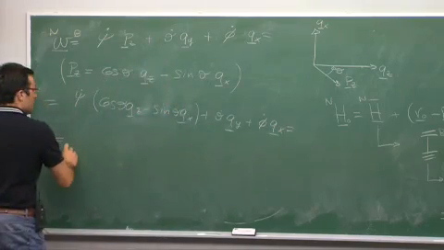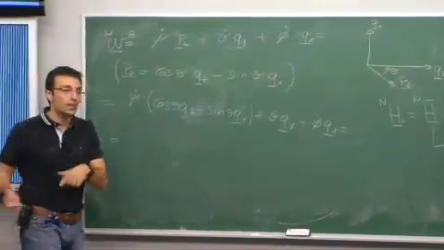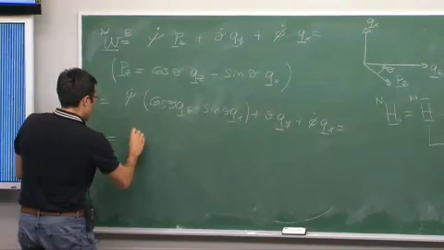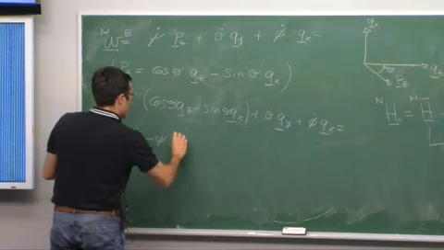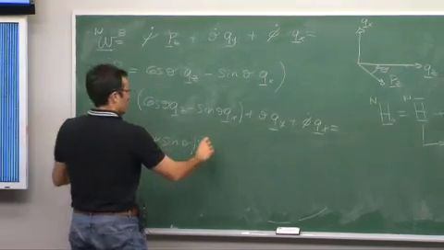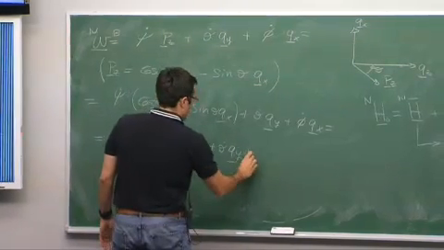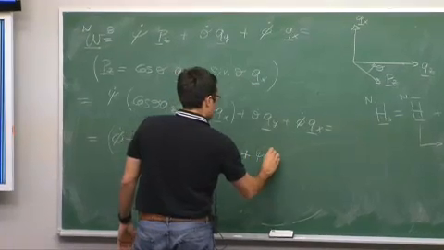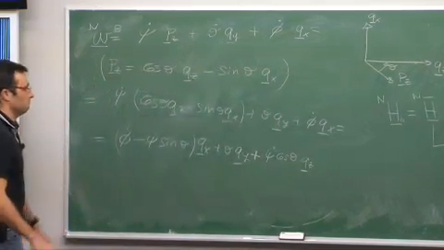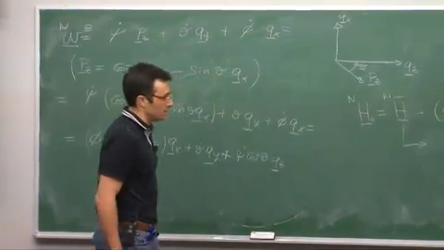So if I reorganize the terms, I get that the angular velocity of the body with respect to the inertial reference frame, so the angular velocity of that toy with respect to the table is, let's see, phi dot minus psi dot sine of theta Qx, and then theta dot Qy, and then plus psi dot cosine of theta Qz. And I will have to dot this with the inertia tensor, which is expressed in the same coordinate system. Cool.